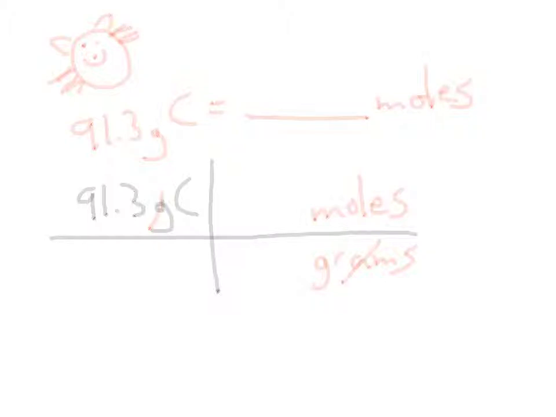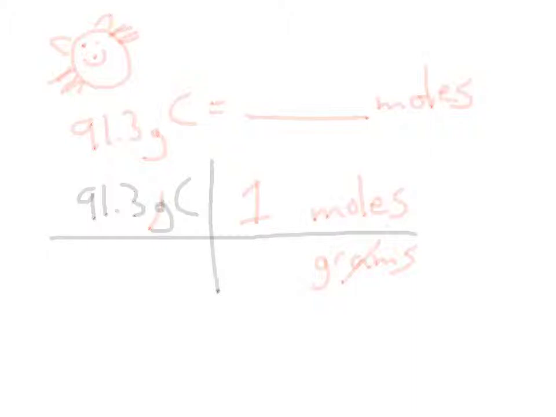Okay, now we have to write in our equivalencies. That is to say, how many grams are in a mole of carbon? Well, we figured that out on the last slide. And generally, we're going to have a 1 either in the numerator or the denominator. And the 1's going to go up here.